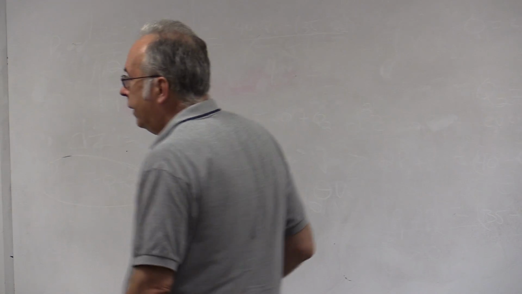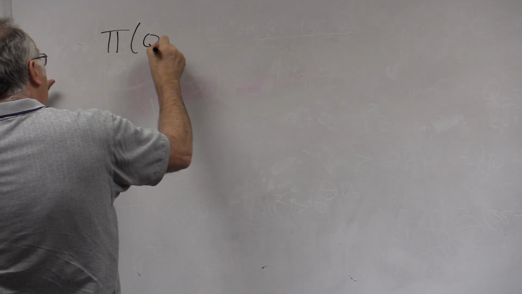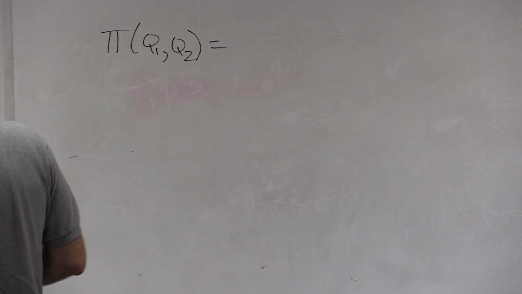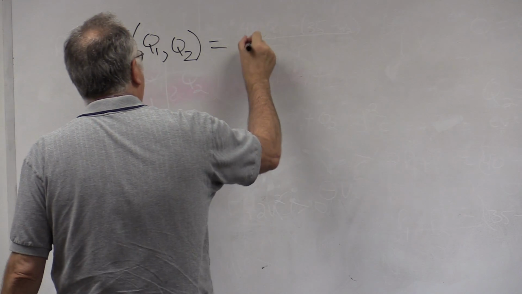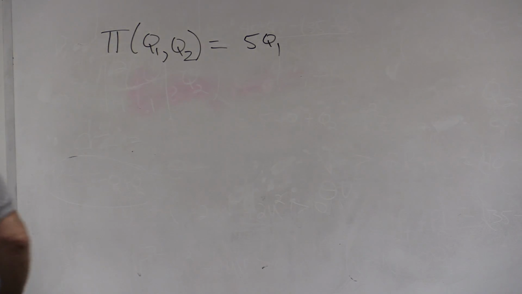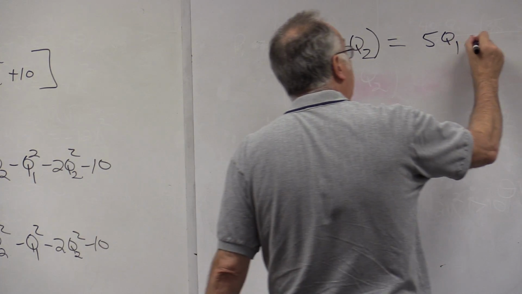We can simplify this profit function, which is now expressed as a function of Q1 and Q2. And it's what? 5Q1. Let's see, we have a minus Q1 squared here. We have another one here, so it's minus 2Q1 squared.